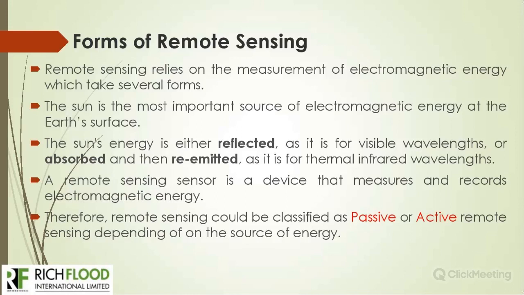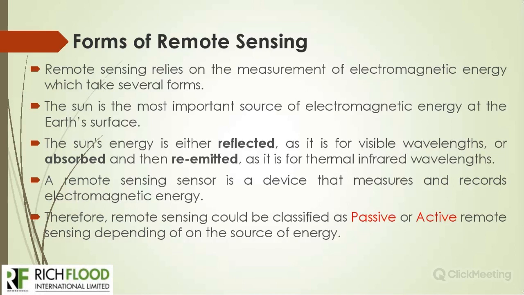So a remote sensing sensor is a device that measures and records electromagnetic energy. The different remote sensing systems, whether spaceborne or airborne, have sensors, which are the devices that measure or record electromagnetic energy.